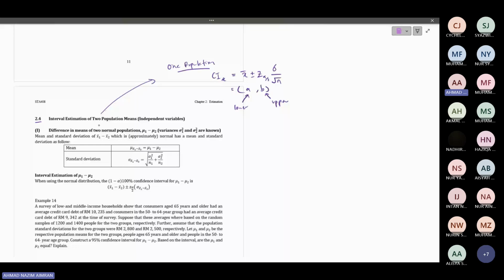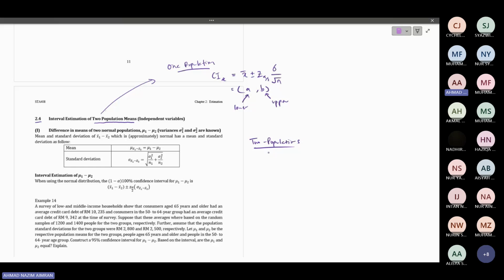But when it comes to two population means, we would like to estimate the difference in the mean of the two populations. Let's say we have two populations, and they must be mutually exclusive.